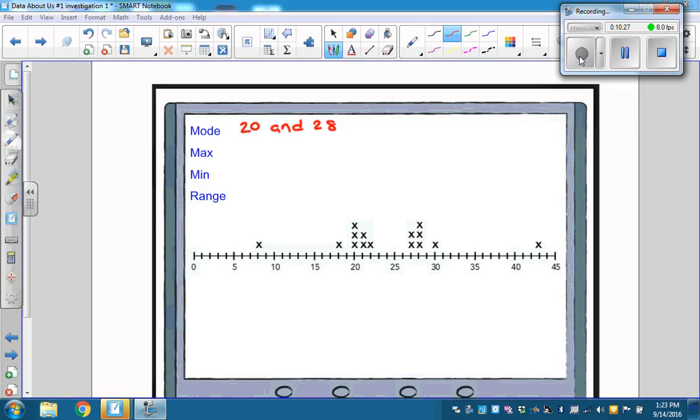And so, what would that be, Riley? 43. Right, 43. And the min is 8. So the range is the difference of 43 take away 8. And that's 35. Okay?